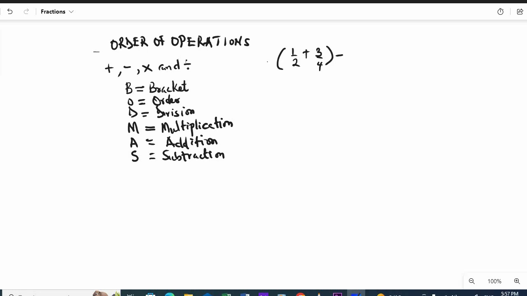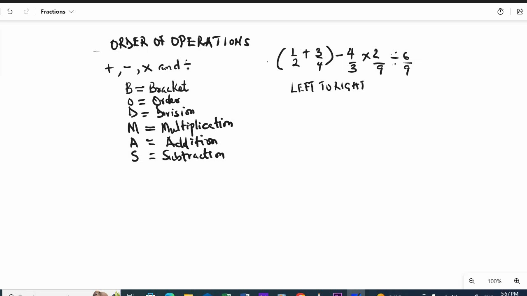Minus 4 over 3 times 2 over 9 divided by 6 over 9. Now remember, the BODMAS rule says that we should follow the order of operations from left to right when solving questions, left to right.